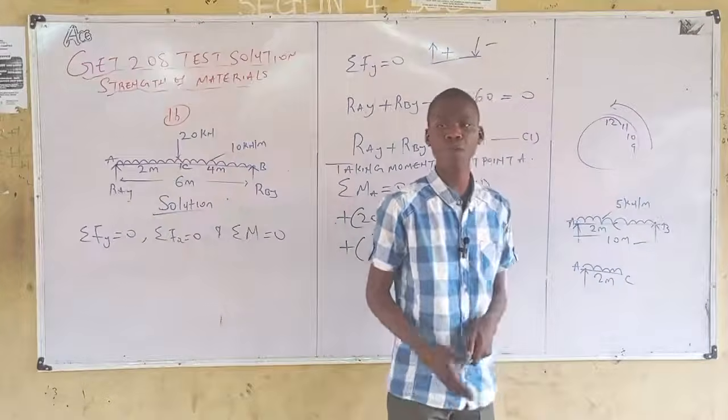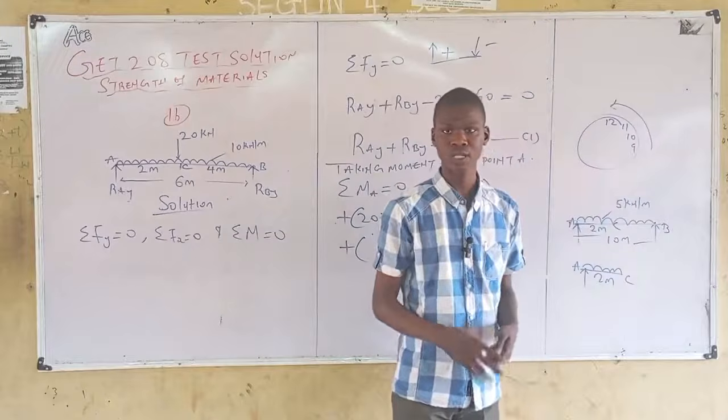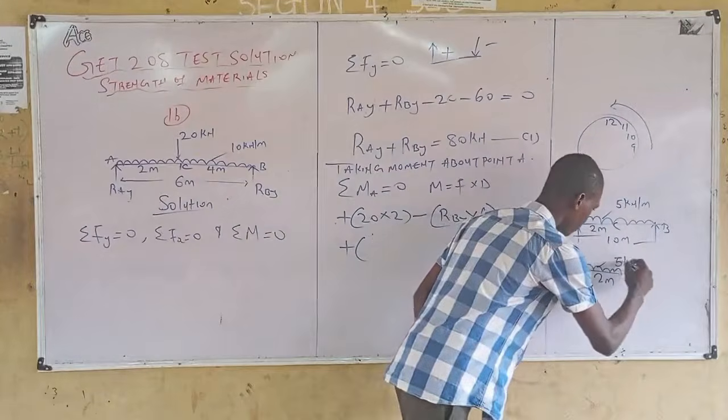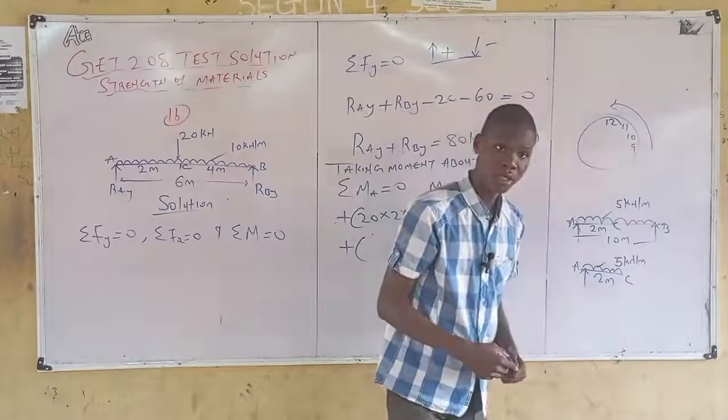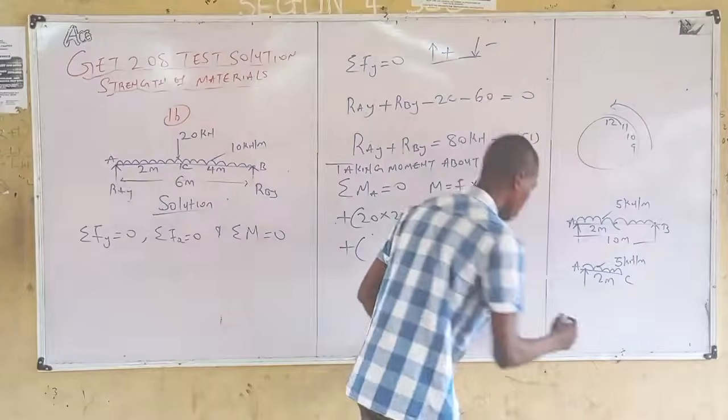Now from A to C, what will be the magnitude? Still 5. Why is it 5? Okay, let's consider this one.